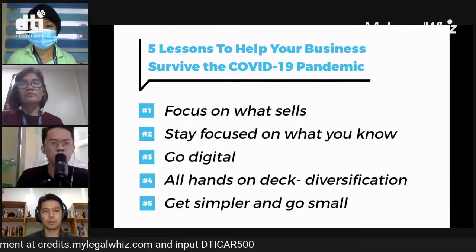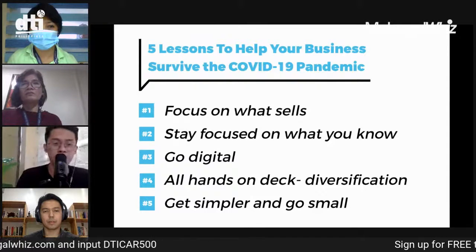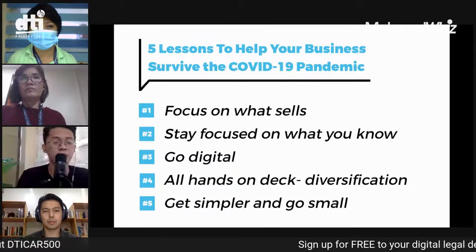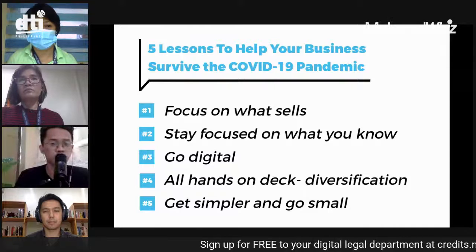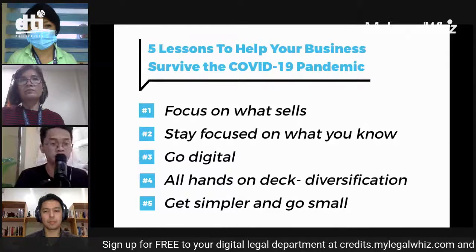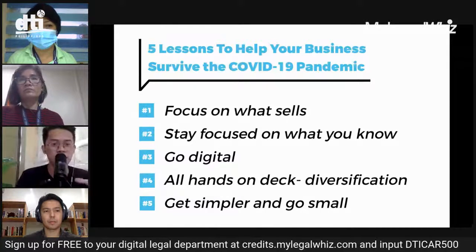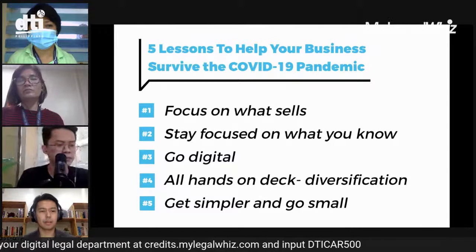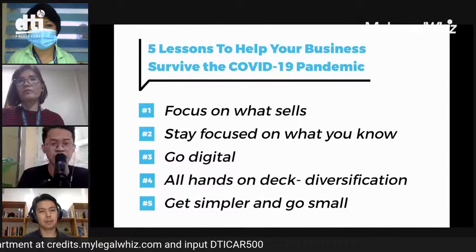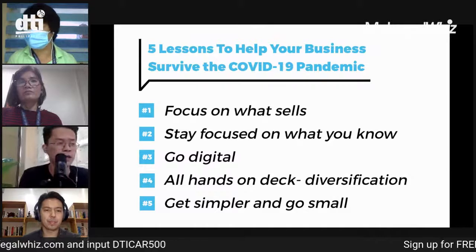Of course, we save on utilities because we don't have to pay for aircon. So try to move that towards the back of house, which is your kitchen, and really try to stay lean. I think number 5, really go simpler and go small.